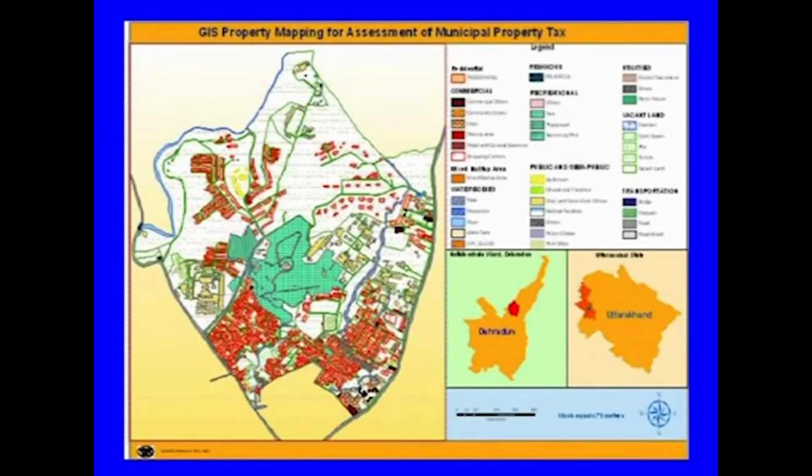This slide shows a compiled view of the information for different categories of buildings, and on the right top corner, through the legend one can see the different types of classification of buildings in different colors.